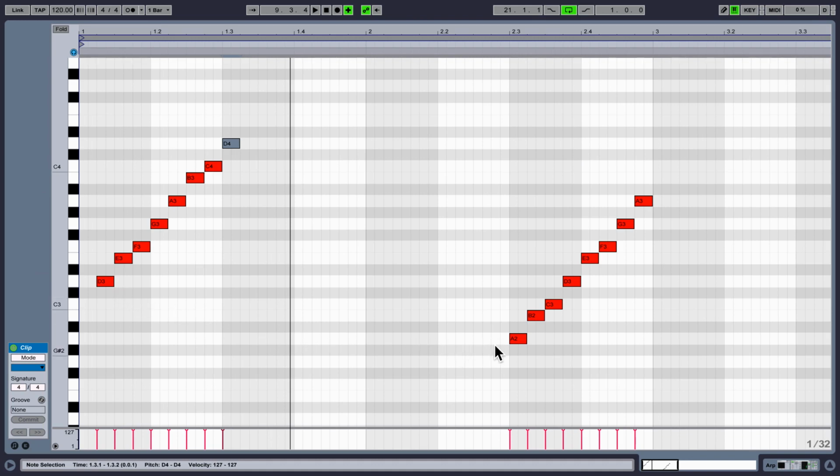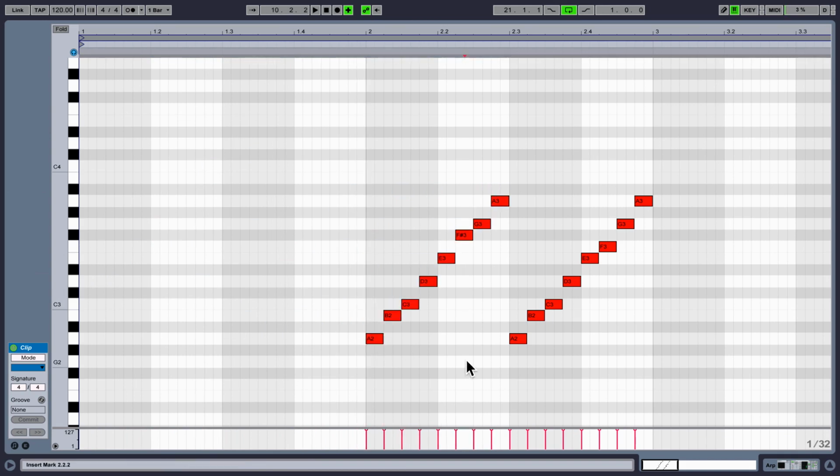The intervals of the first three and actually four notes are the same. So if I move it next to this A minor scale here, you see up until E, we have the same interval structure with these two scales.